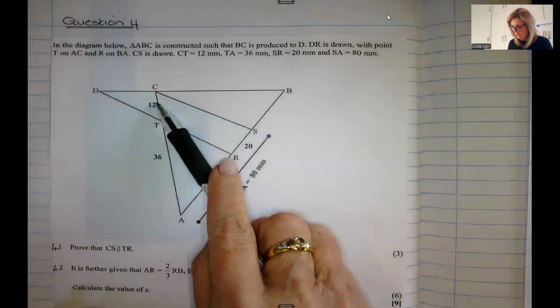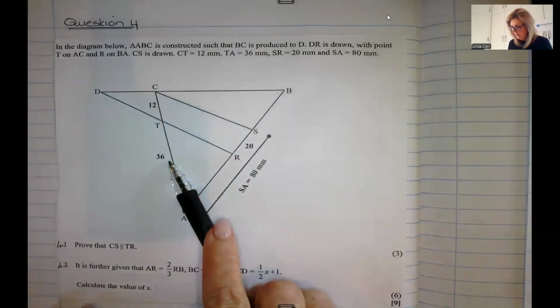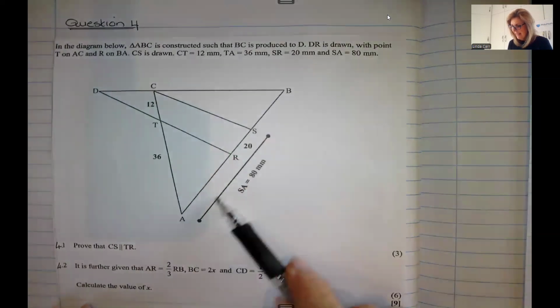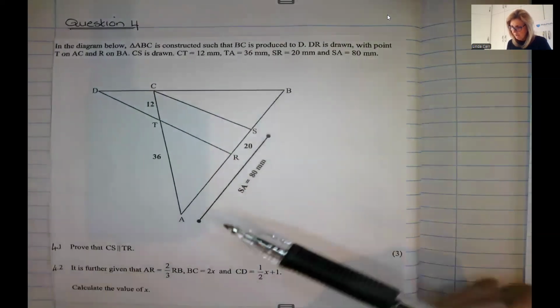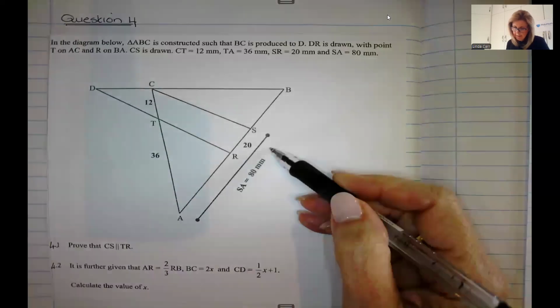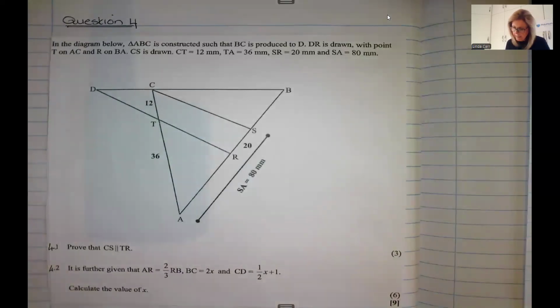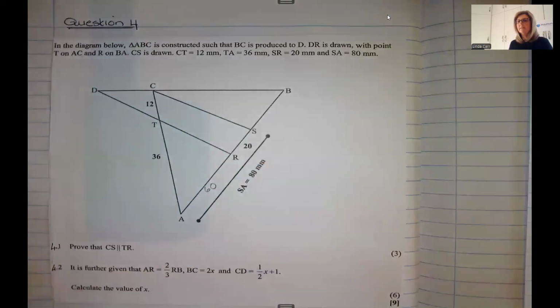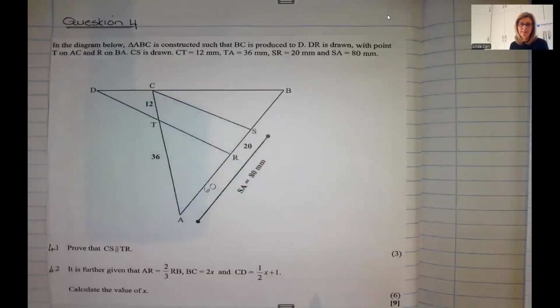So I've got 12 millimeters, 36 millimeters, 20 millimeters, and 80. So if SR is 20 and SA is 80, I would be perfectly correct in stating that AR is 60.